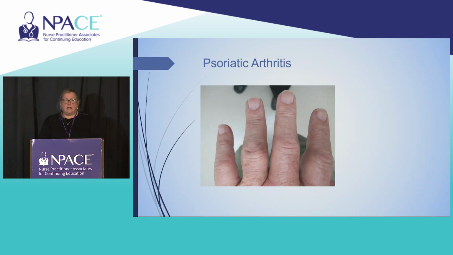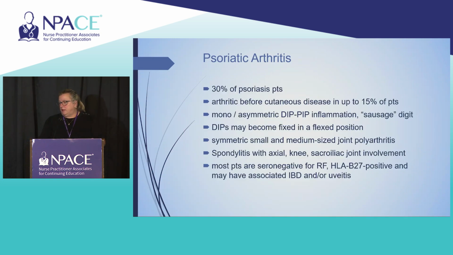That's a very classic presentation of psoriatic arthritis. Are you all familiar with that presentation? Yeah, so the fingers lose their definition over time, and they just become equally thick, the length of the digit, and actually look like sausages.